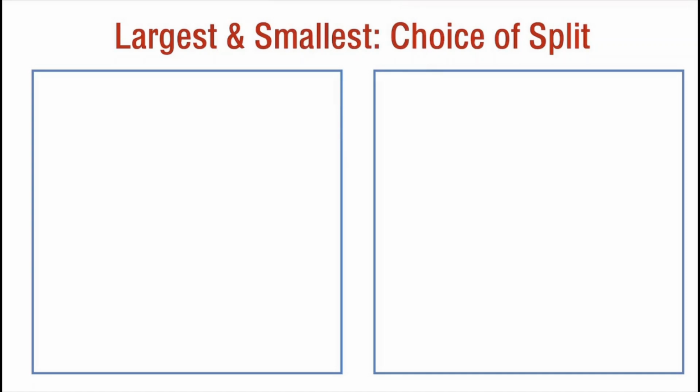We have seen that the choice of split matters whenever there are 4, 6, 7 elements, let us say. If there are 7 elements, we can break it up into 3 elements and 4 elements. And these 4 elements can be broken up either as 3 elements and 1 element, and this can be broken up as 2 elements and 1 element.